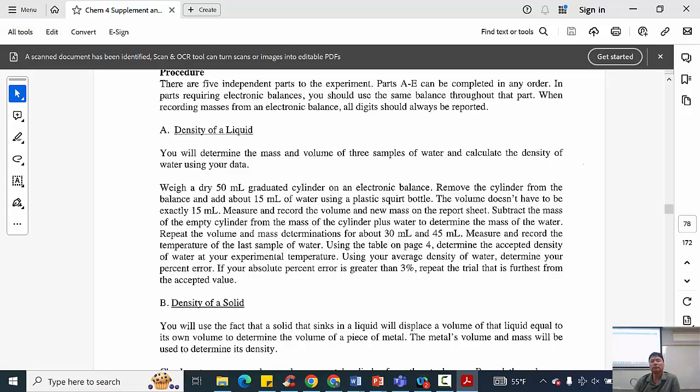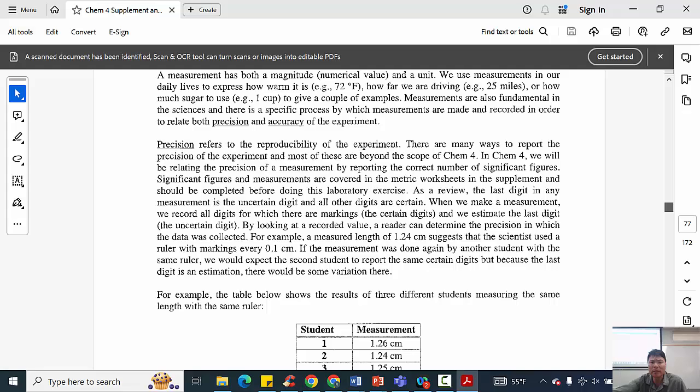So we'll have to check in, then try to do this. So let me see. A graduated cylinder, if you want to look, there's an equipment sheet near the end of this or at the beginning of this.